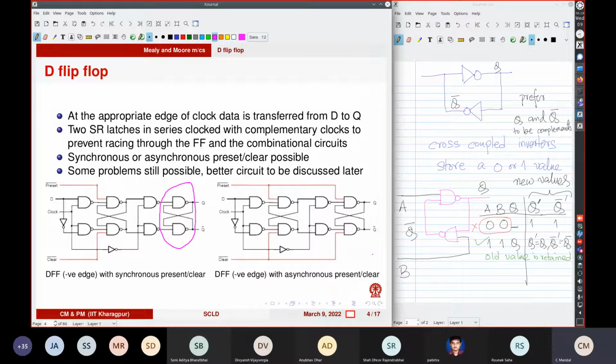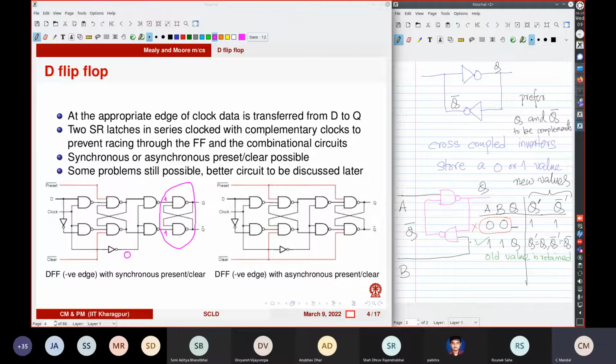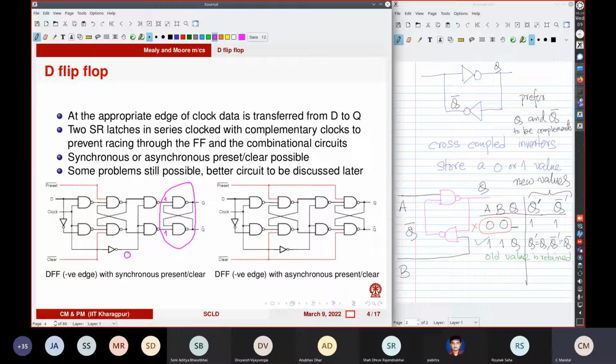So let us just see, do we have such a situation? In fact, if you have a 0 over here, then what is the output? Here you have 1 and here you have 1. So this is akin to this row, right? So if you have a 0 over here, then you have a 1 and you have a 1.